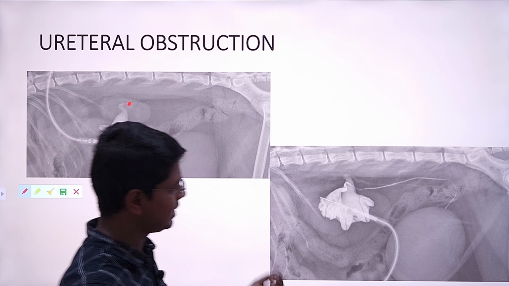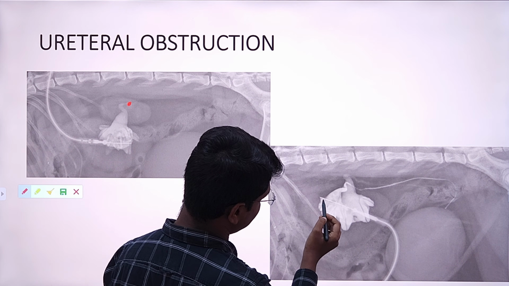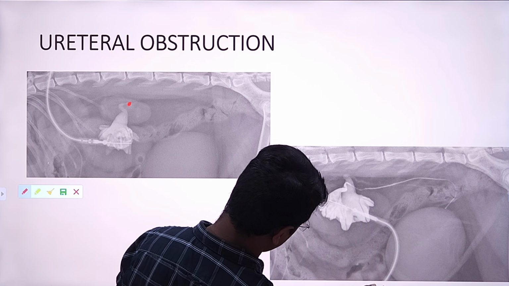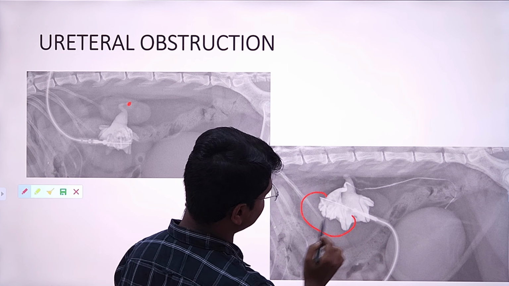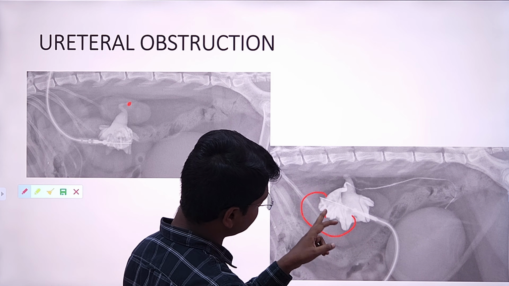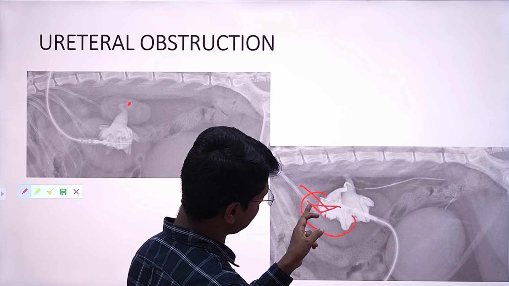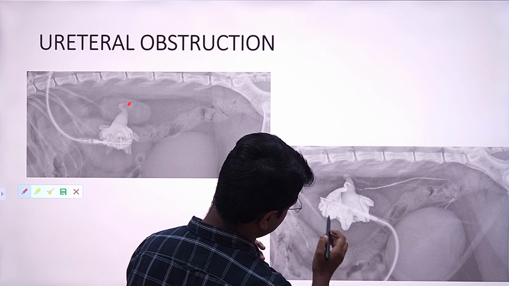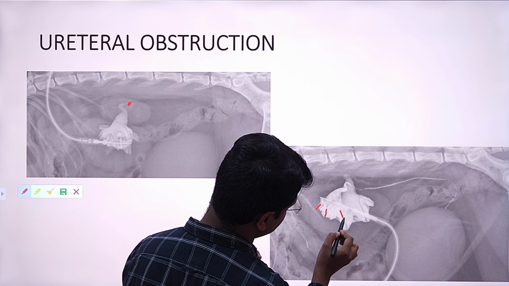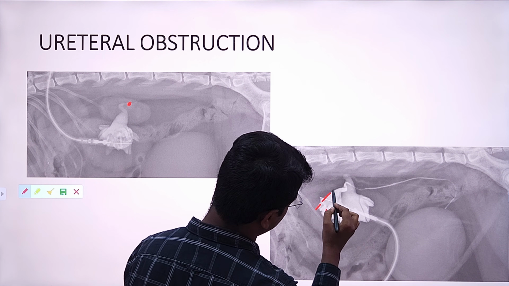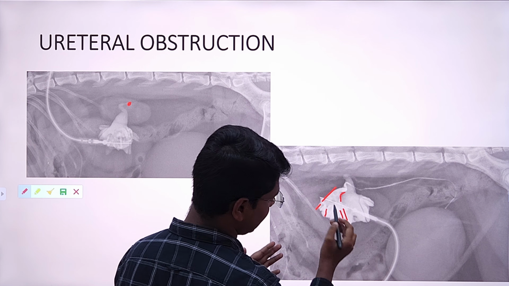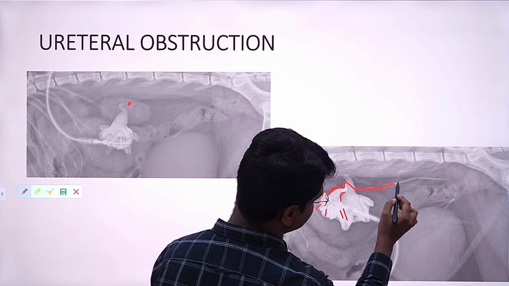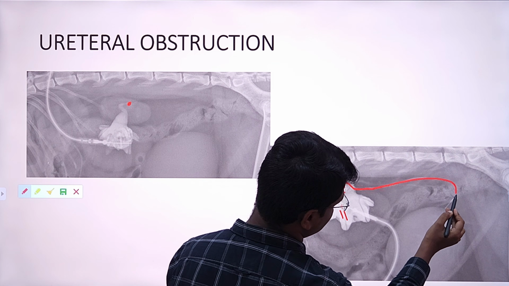Let us see the other side. Here is the left kidney. Yes, this one is the left kidney. When the antegrade urography has been done, notice, first of all the diverticulums are clearly visualized, and notice there is some dilation of the renal pelvis, but the ureter is intact. See the migration.